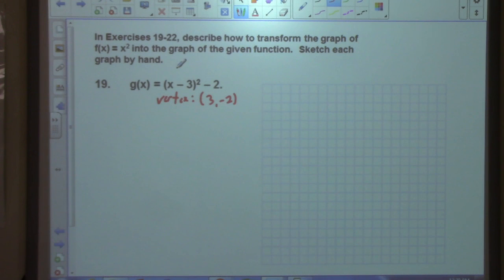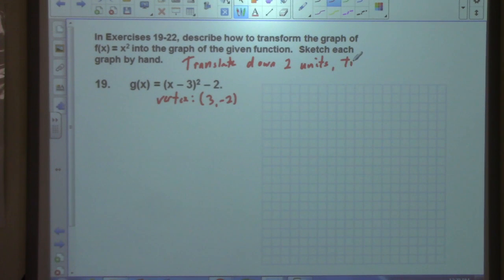Square. Okay, so we would say translate down 2 units, right? And also, what else? To the right.